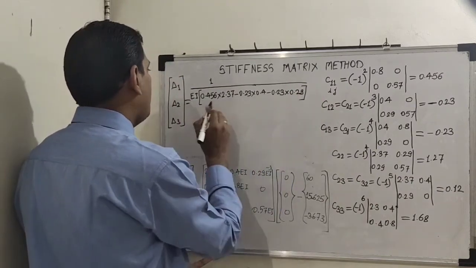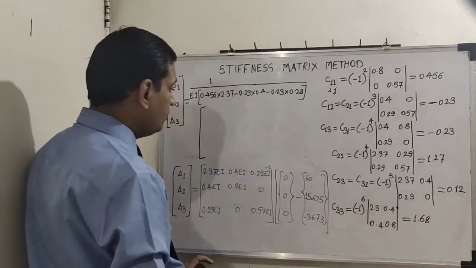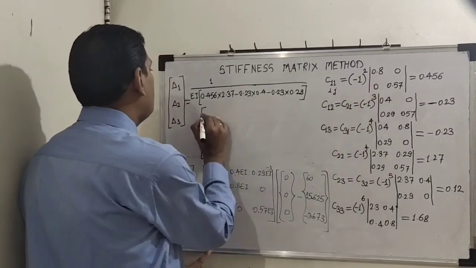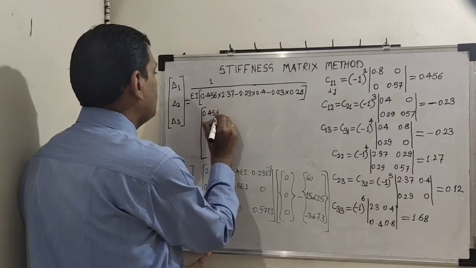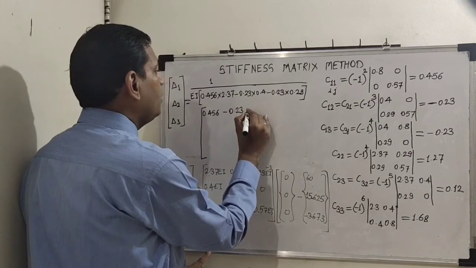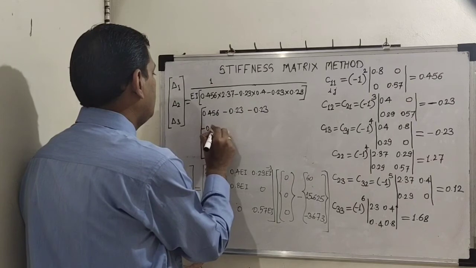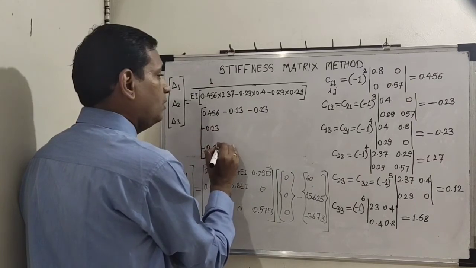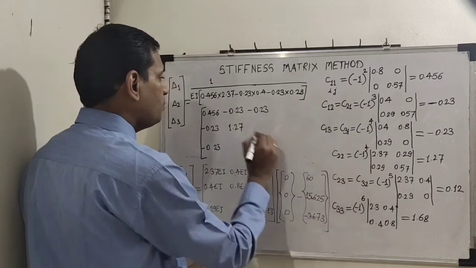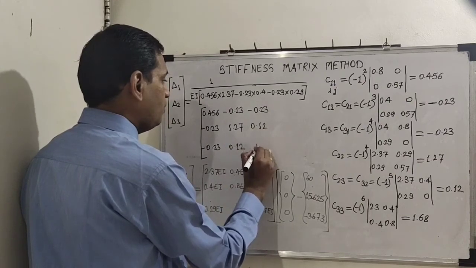The value in the square bracket multiplied by. Now enter cofactor values 1 by 1 here without EI. Okay, so 0.456, then minus 0.23, then again minus 0.23, then C22 is 1.27, C23 is 0.12, last is 1.68.